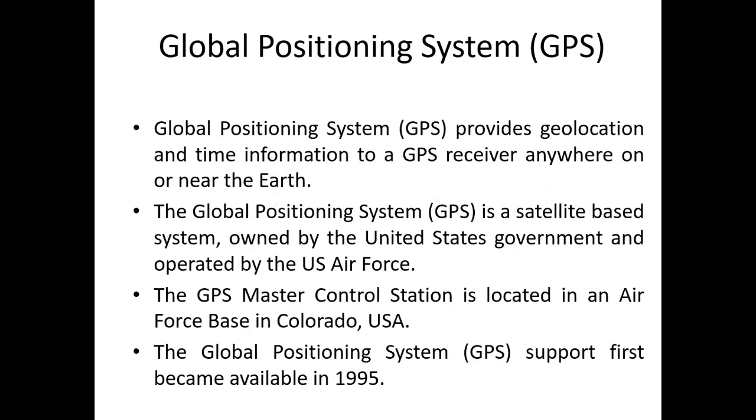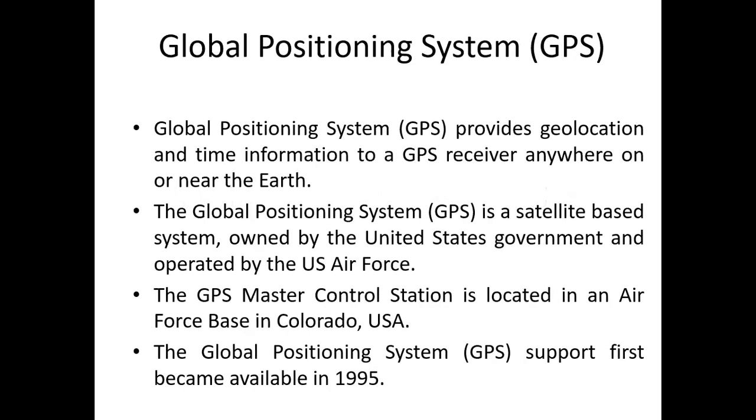Now we'll discuss an example of satellite-based service, GPS. We'll discuss two example services, GPS and satellite-based phones. First, GPS. We all know what it does. It gives us the position information and also the time information.